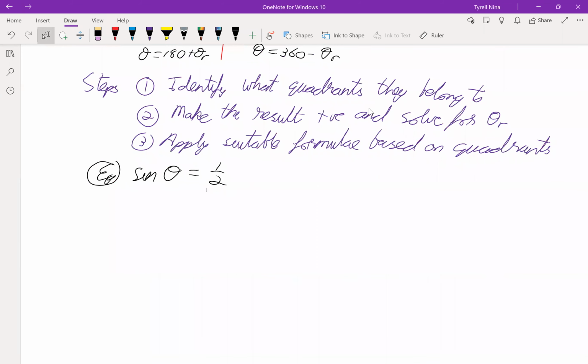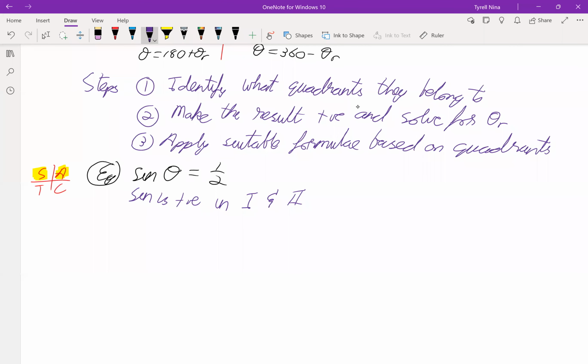Right. So the first thing we do, we draw our little ASTC. You look and see where sine is positive. Sine is positive here and here. So sine is positive in the first and second quadrant.